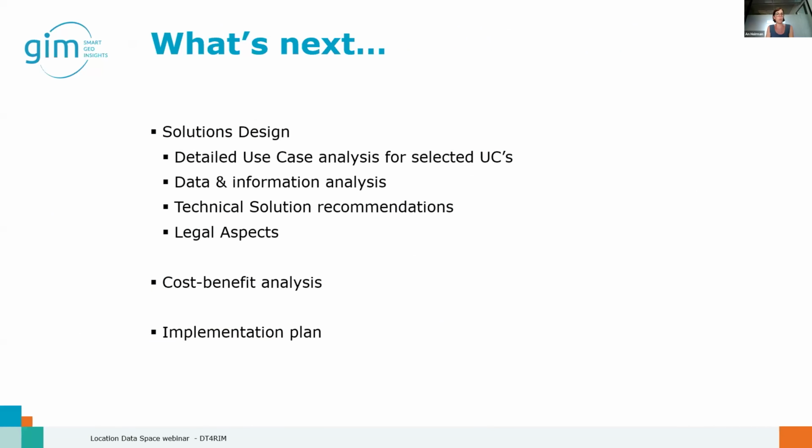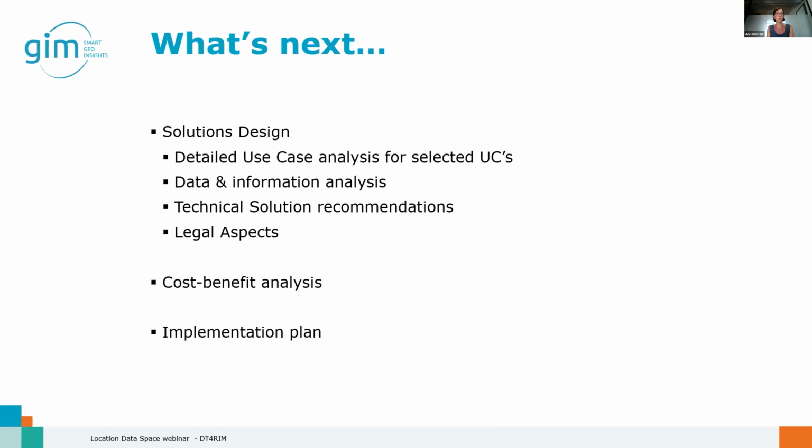So what's next in the project? We are working on the solutions design. So data inventarization, identification of data sets, both open data sets that are already existing and data sets that are at the project partners, but not yet put in place as open data. What are the requirements of all this data that is needed to serve the use cases that we identified?